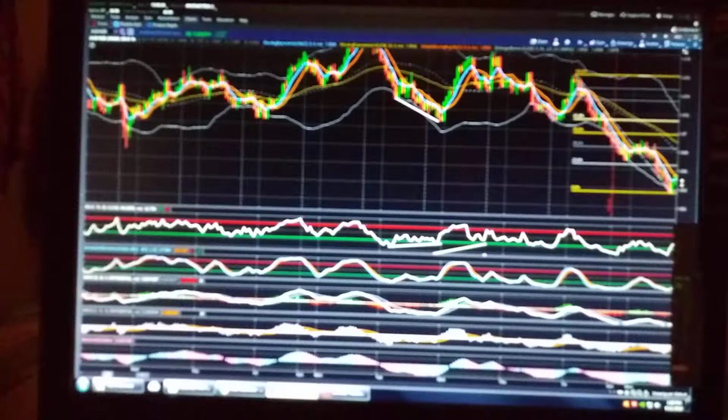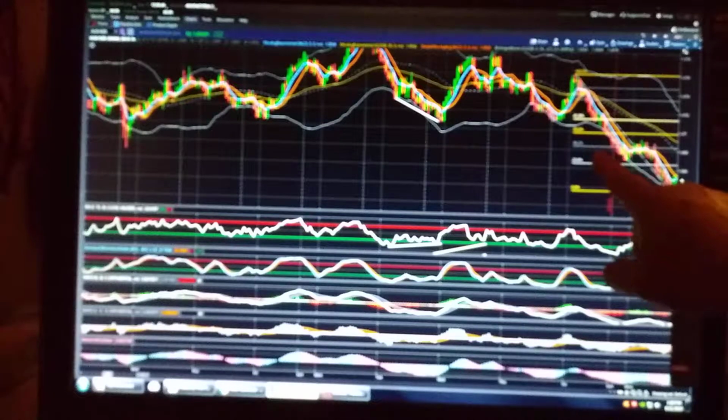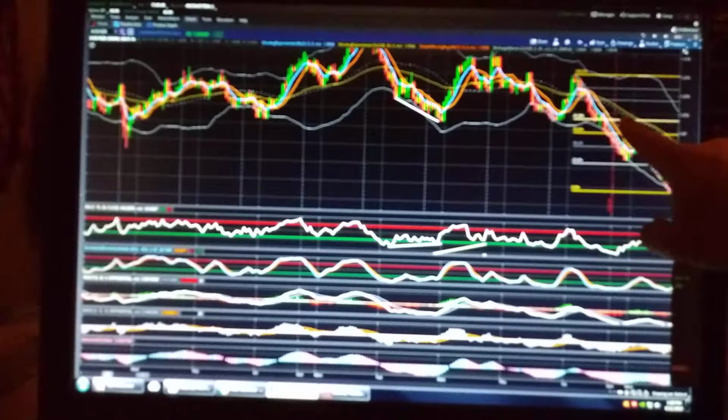TP2, or take profit 2, which is a target. Take profit means target. Same thing. So TP, take profit target 1 is 38.2 and TP2 is 61.8.